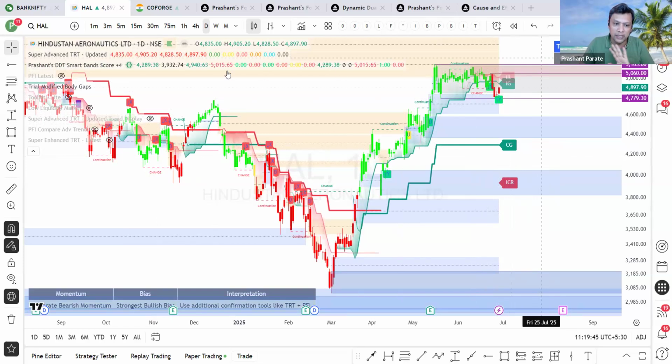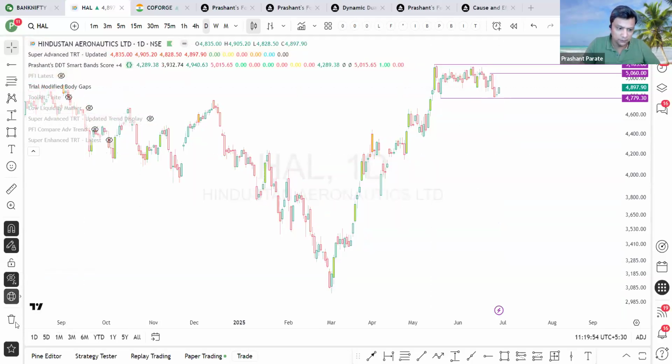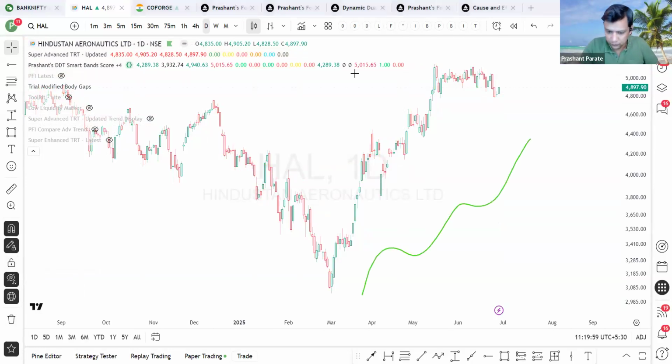Now let me quote the example from Jesse Livermore once again. He had given one example of one person. That person knew that the stock is going to go up, so he was bullish on the overall market for that stock.